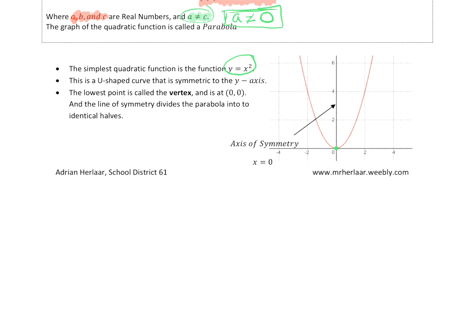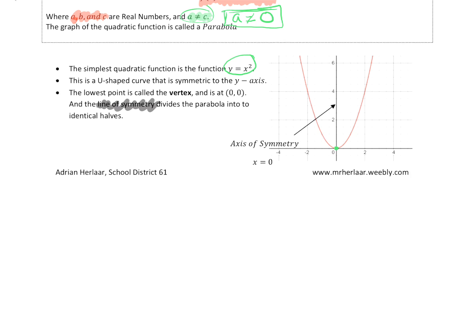And then this lovely set of words here, the line of symmetry. That means it is symmetric on either side of that line. So the line of symmetry divides it into two equal halves, and it's at the x-coordinate of the vertex.